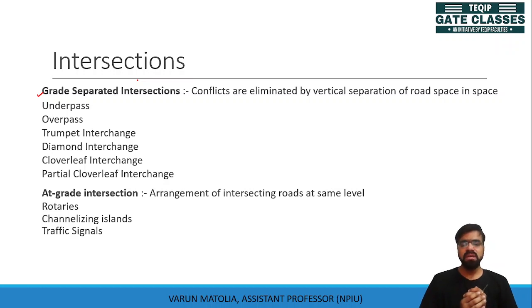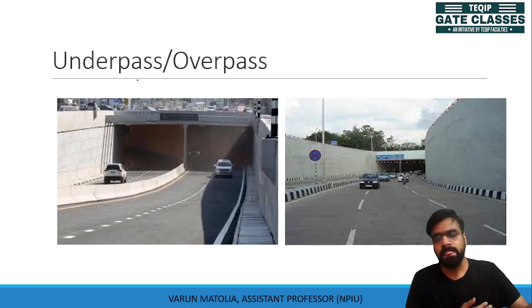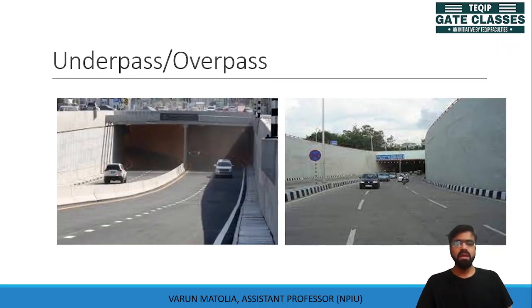So we will talk about each and every one step by step. Let us start with your grade separated intersection. These are the underpass. Underpass are the roads in which both the roads are traveling at the same level. This is your through traffic moving in this direction, and this is your traffic which is moving in this direction.